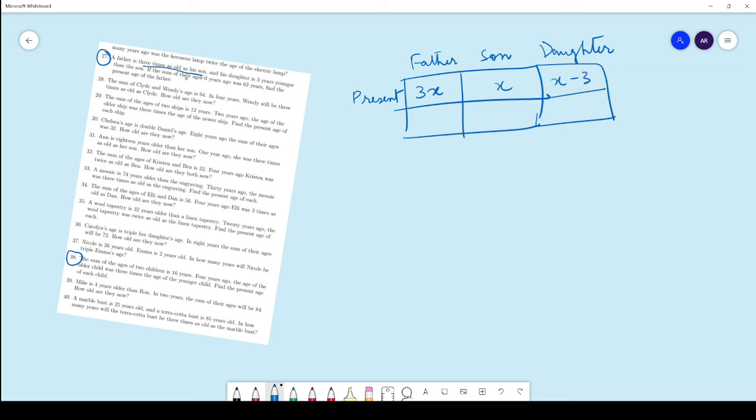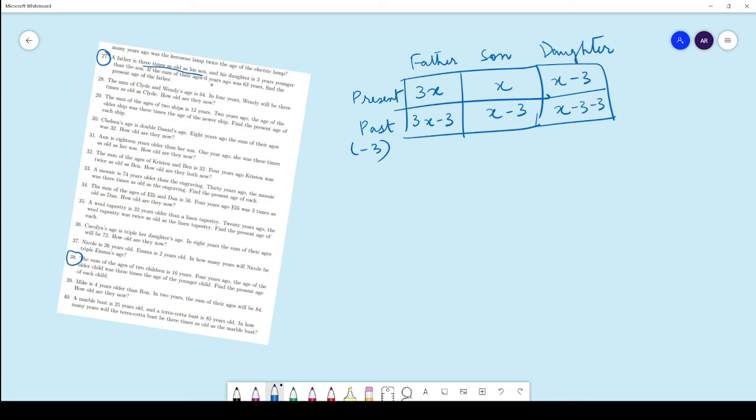If the sum of their ages 3 years ago, now again we are talking about the past. Now what is the past over here? Past is 3 years ago. So 3 years ago, what would their ages have been? The father's age would have been 3x minus 3. Son's age would have been x minus 3. Daughter's age would have been x minus 3 minus 3.